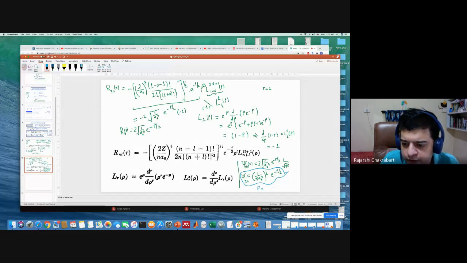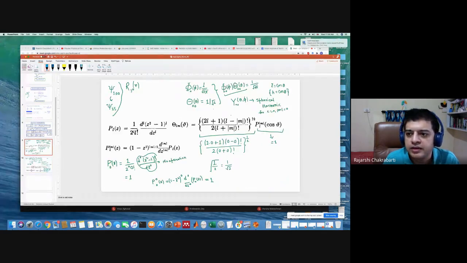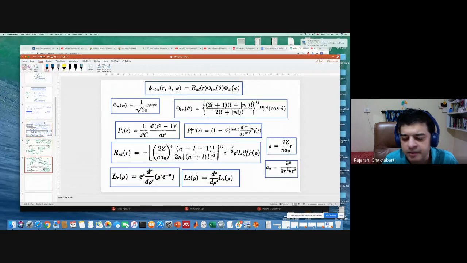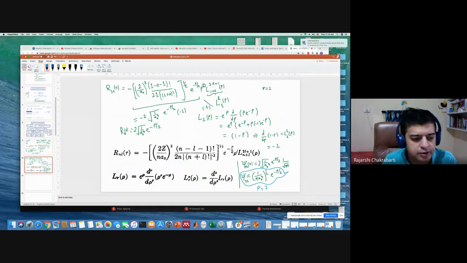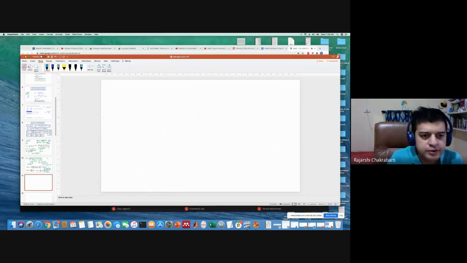So basically, if I put the rho there, rho is twice r by a0. So this gives you your expression for psi 100, which is your psi of 1s: 1 over pi a0 cubed, whole to the power 3 by 2.